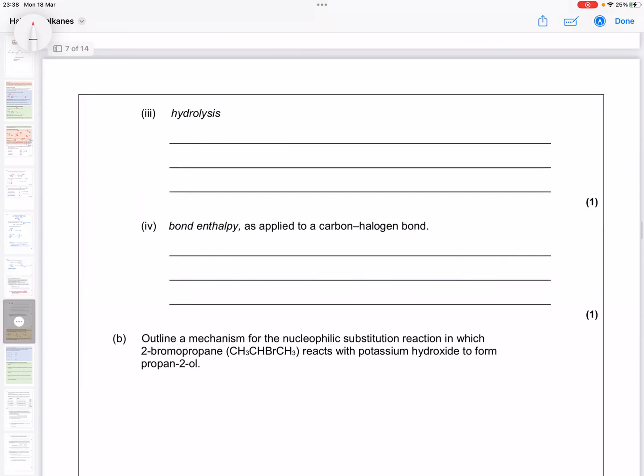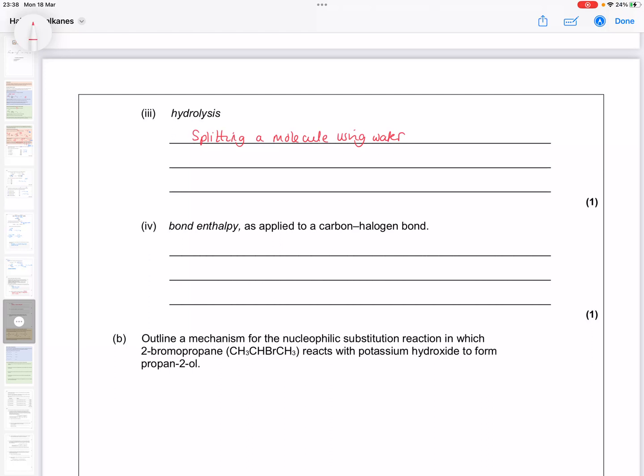Hydrolysis. So I love this one. Okay, we split that word into two. Hydro is water, lysis is split. So we've basically got splitting a molecule using water. So that's hydrolysis. And bond enthalpy.